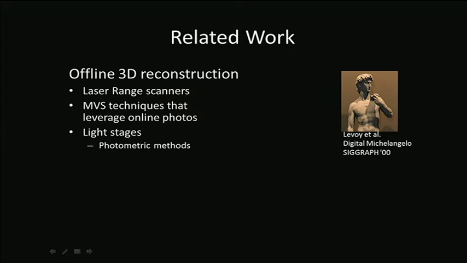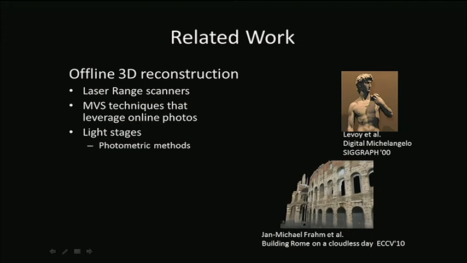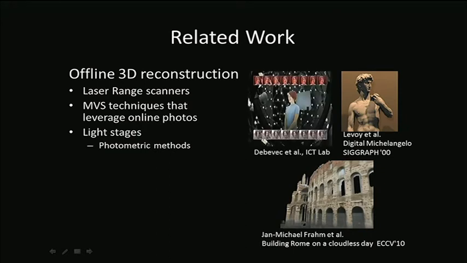Another set of work is done in the field of computer graphics, for example by using high-quality laser range scanners, light stages, or multiple photographs. But they rely on heavy infrastructure, and they are not suited for online rendering. They happen offline within a couple of hours.